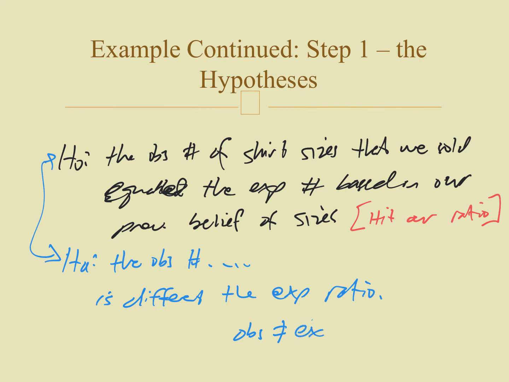The null hypothesis, of course, is, did the observed hit the expected? The expected could be equal sizes, an equal number of small, medium, large, or it could be some different ratio of small, medium, large. In this particular problem, the ratio they have is what they have sold T-shirts in the past, and so they're checking on that.